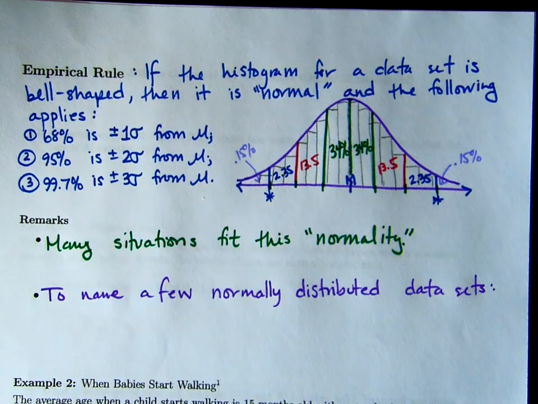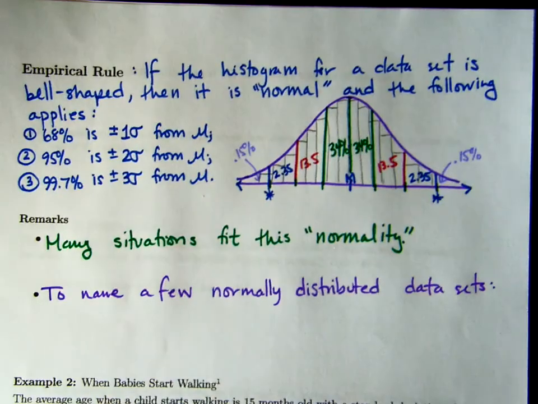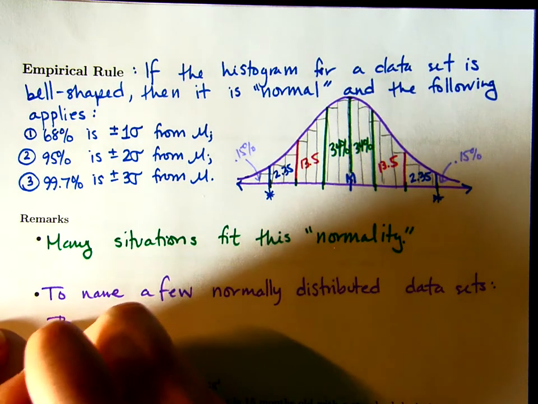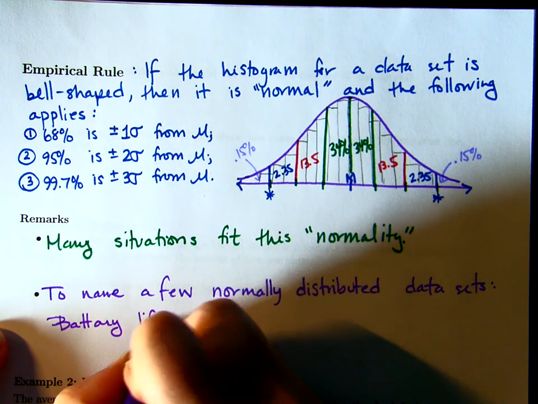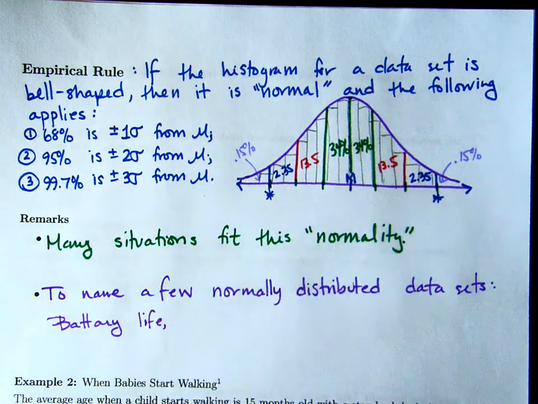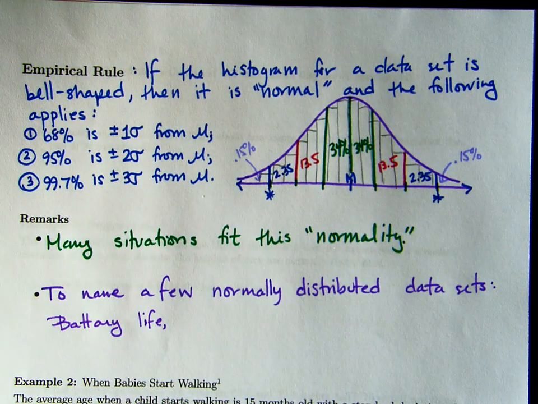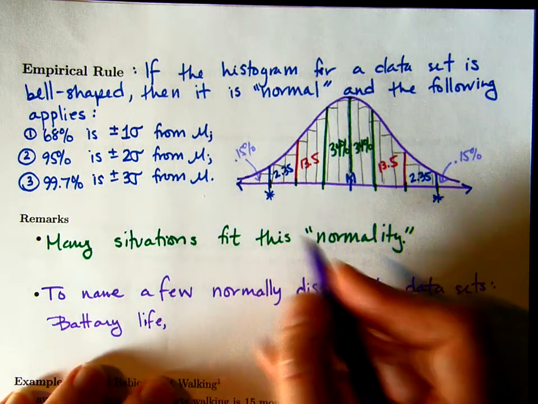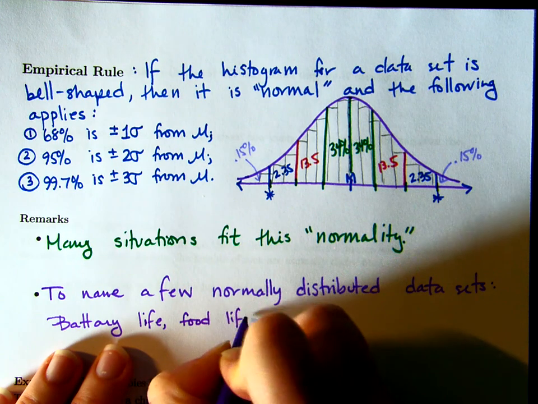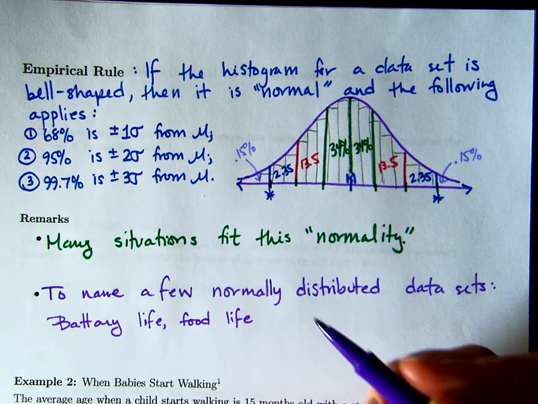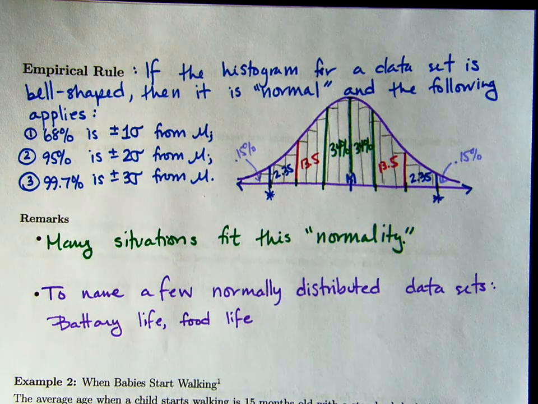Let's see. The lifetime of batteries. Well, normally the battery lasts about this long. Lifetime of food products. Okay, so it doesn't really die, but you know what I mean, like it expires. So that is a normal distribution.